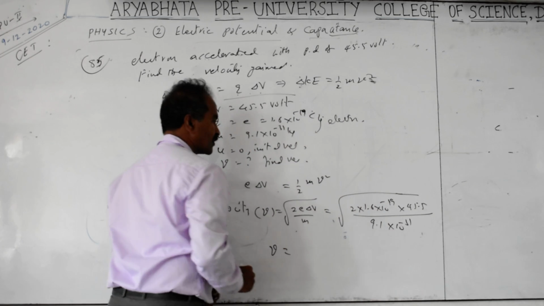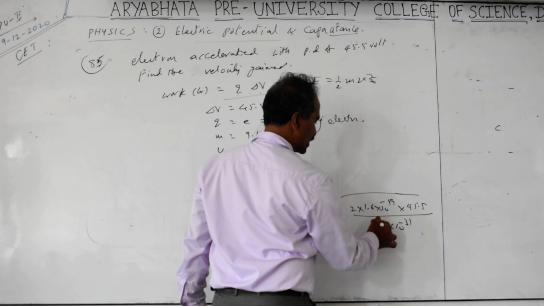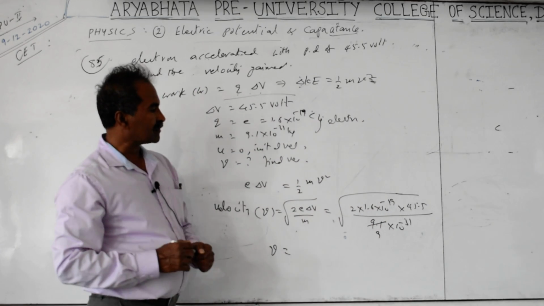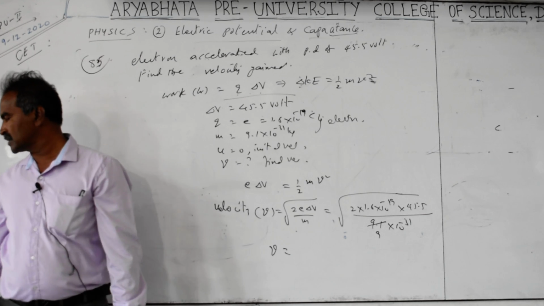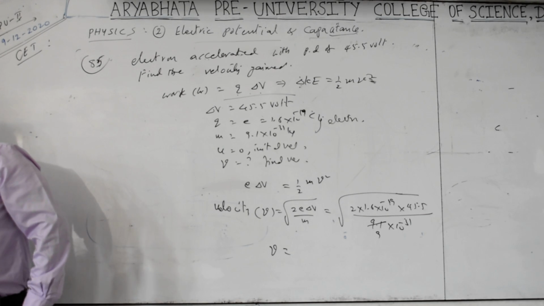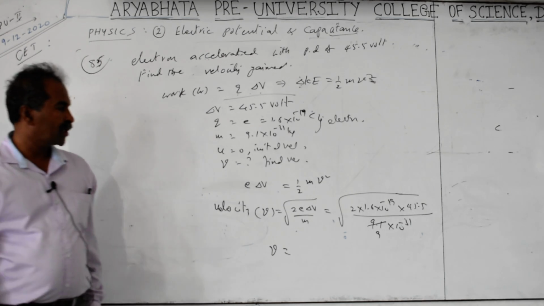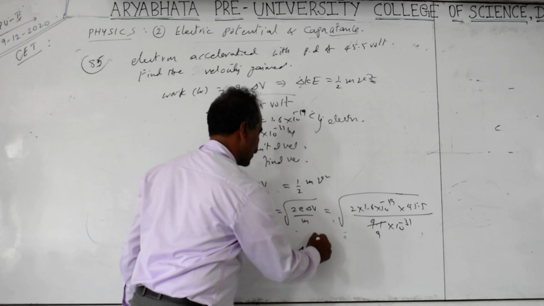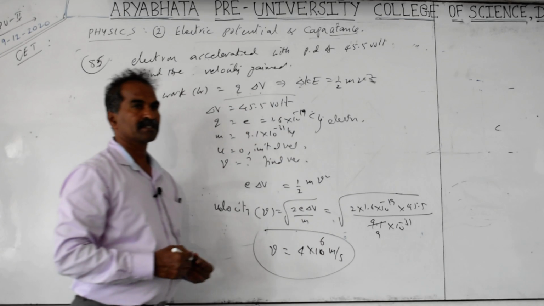This velocity turns out to be, you can calculate that. You take it approximately as 9, divide, and you will get the answer 4 into 10 to the power of 6. Check the calculations.